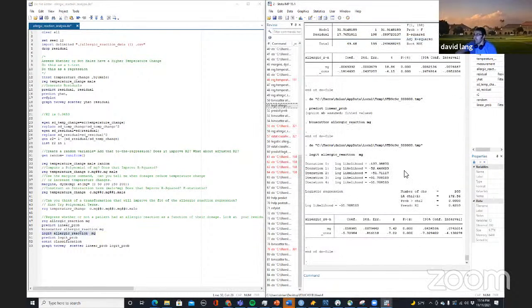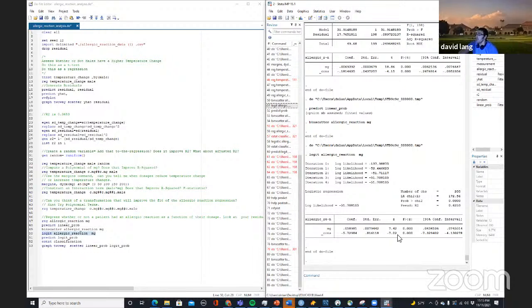The interpretation can be a little bit tricky because we are no longer measuring linear probabilities. We are instead measuring log odds. But you can see that in this particular case, the associations are similar, that the relationship between increased dosage and allergic reactions are positive.